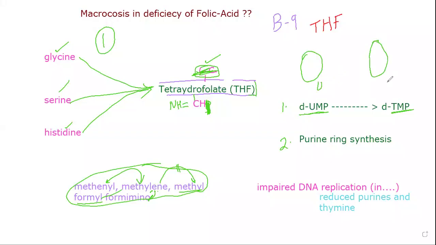Thymidylate contains thymine. What is the difference between uracil and thymine? Very simple, it is a one carbon unit difference. Thymine contains a one carbon unit in the form of a methyl group. So for conversion of uracil to thymine, one carbon unit has to be acquired, and that one carbon unit is donated by tetrahydrofolate. And this reaction, in fact, is not uracil to thymine, it is UMP to TMP, the deoxy form.